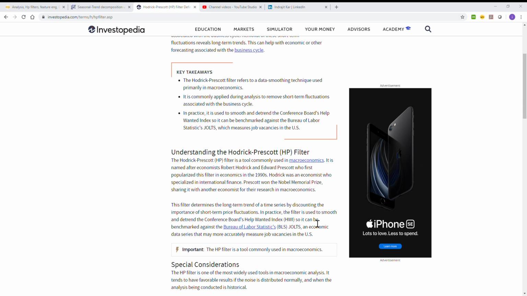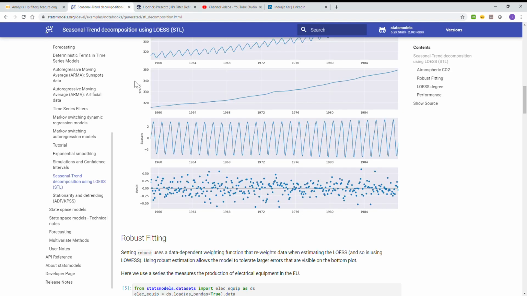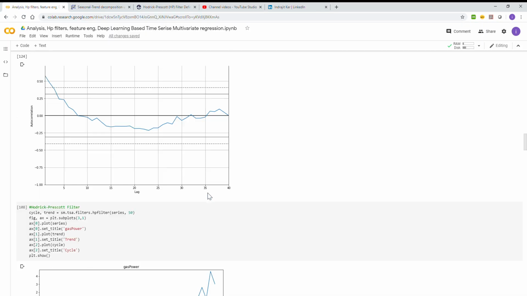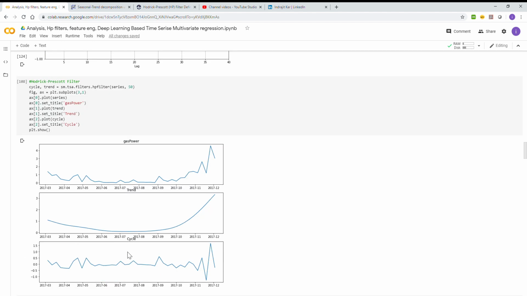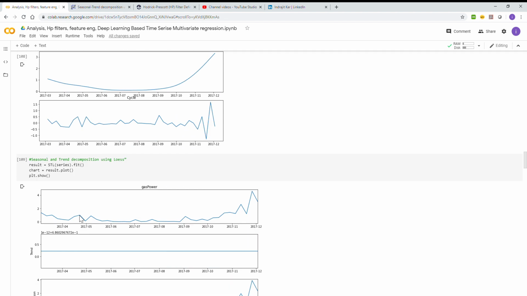These things are taken care of by this filter, and it brings an equilibrium between smoothness of trend and closeness to the original data. Okay, so let me show you how I have done the Hodrick-Prescott one. So here you see we are getting the cycle and trend of the gas power. Gas power is what we are trying to decompose.